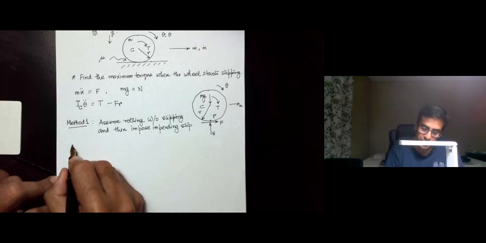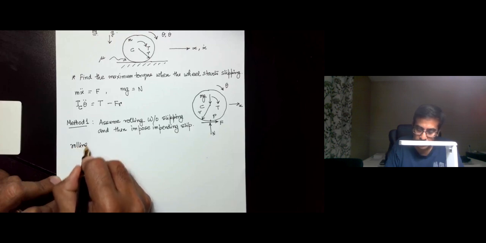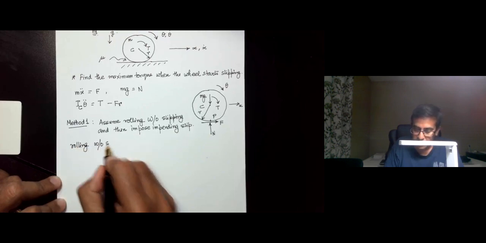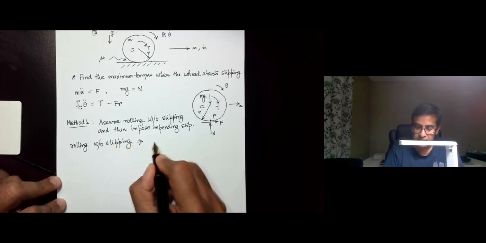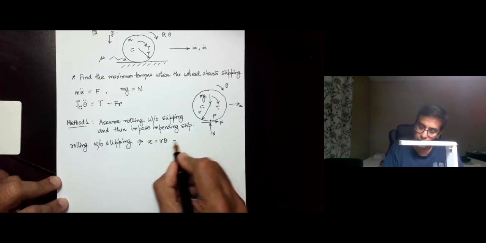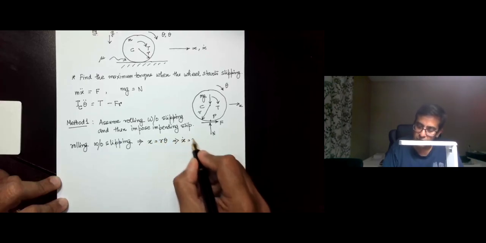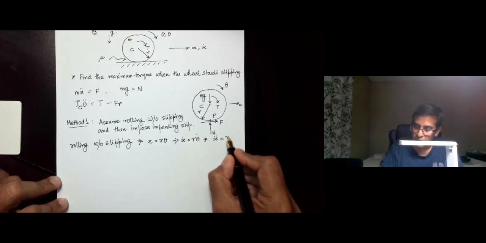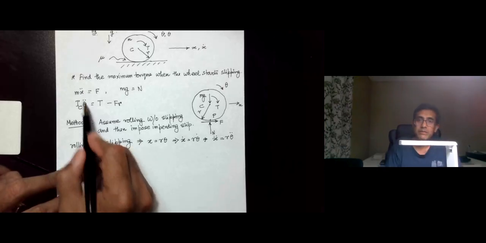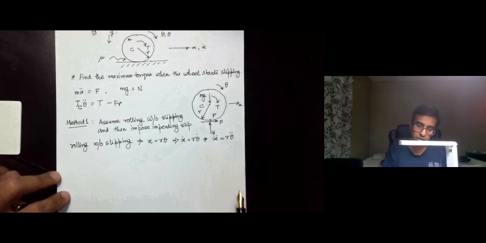So if we assume rolling without slipping, this implies that x equals r theta, which means that x dot equals r theta dot, which means x double dot equals r theta double dot. So we have a relation between x double dot and theta double dot.